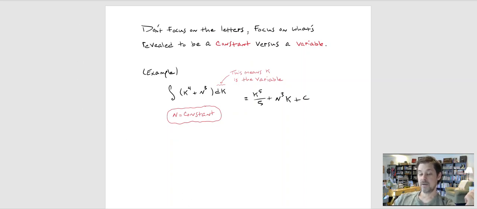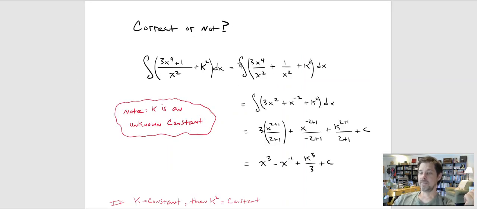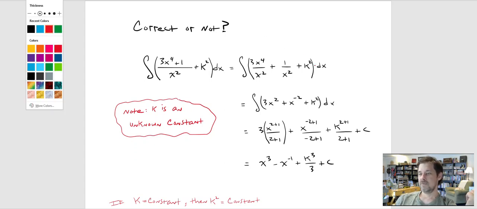Okay, now back to my original prompt. I guess what went wrong with it is for me to say that k squared right there, in the context of this problem where x is the variable and k is a constant, would become k to the 3rd power over 3.